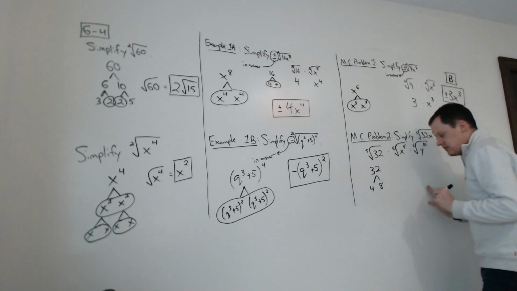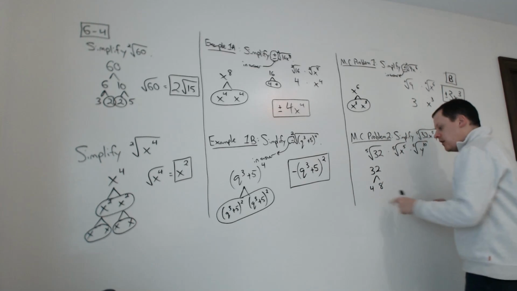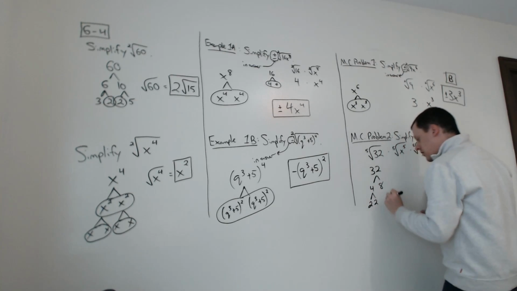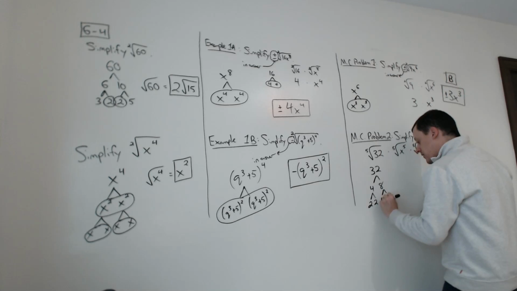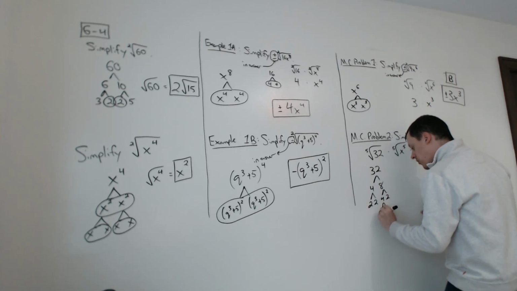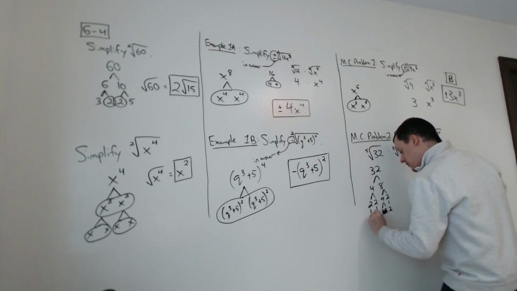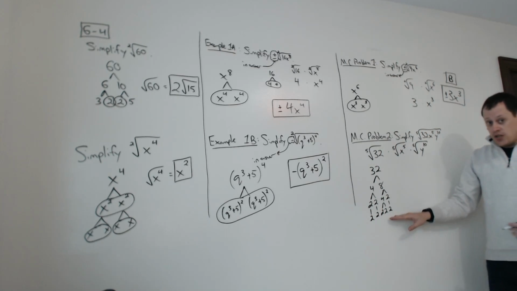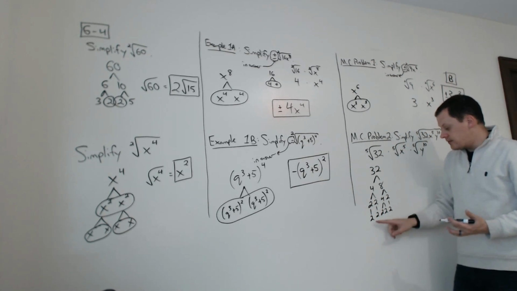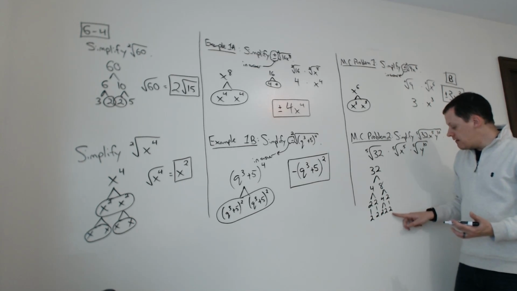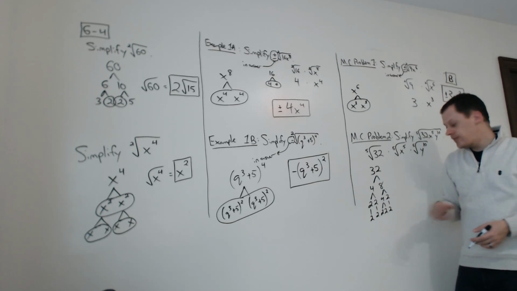I think that's it. Yeah. And then these numbers break down even more. 4 is 2 and 2. 8 is 4 and 2. And then the 4 breaks down into 2 2's. Put everything on the same level. And you should end up with 5 2's, right? 2 times 2 is 4, times 2 is 8, times 2 is 16, times 2 is 32. Got 5 2's here.